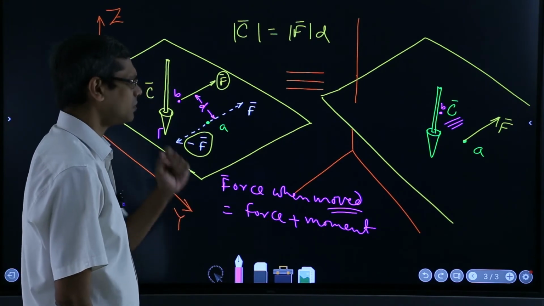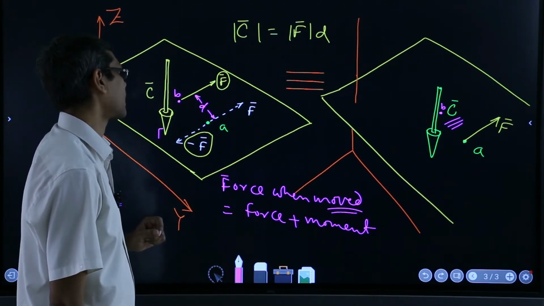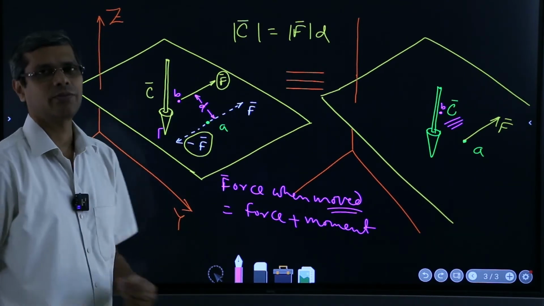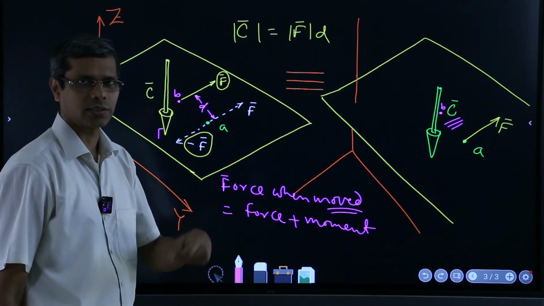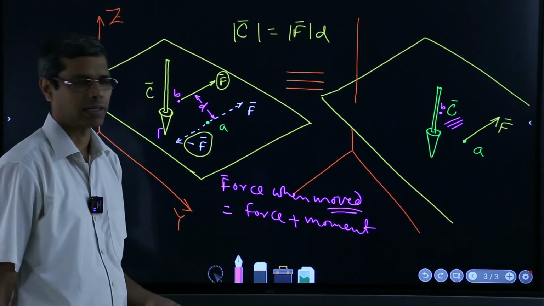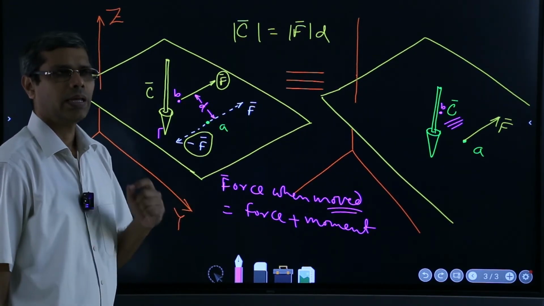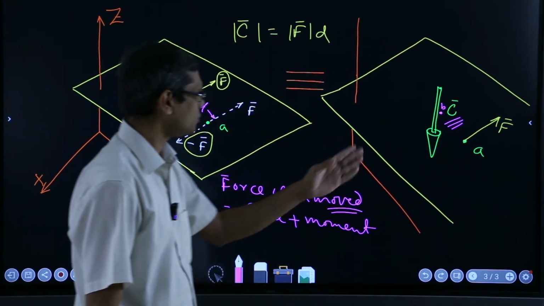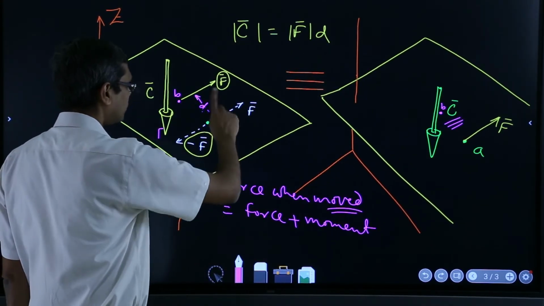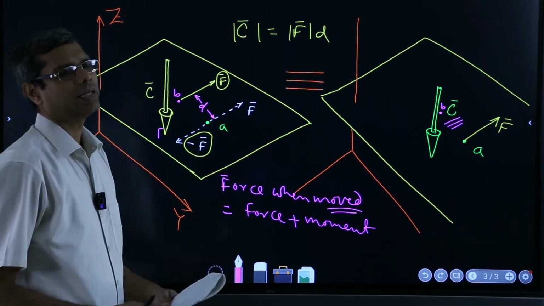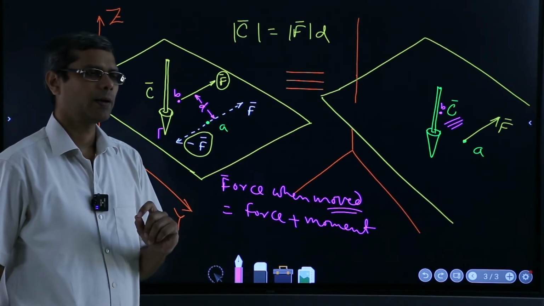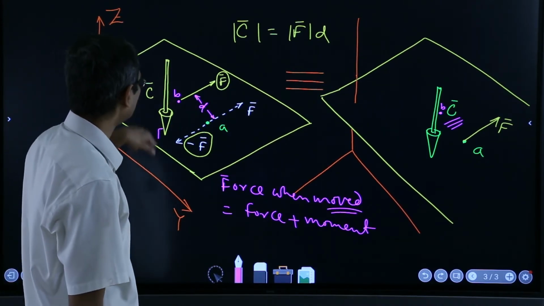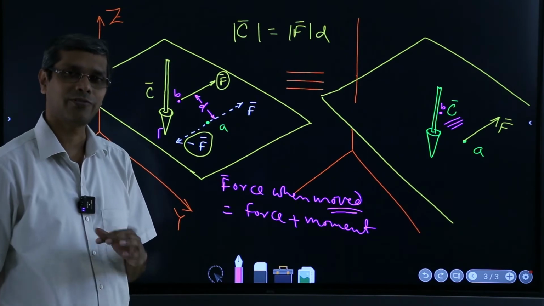But you have to be very careful if you are following this logic, the second one, whatever I am telling. Whenever they say that they replaced with the moment about A of the force F, they tend to miss the point that this couple moment now is a free couple moment.